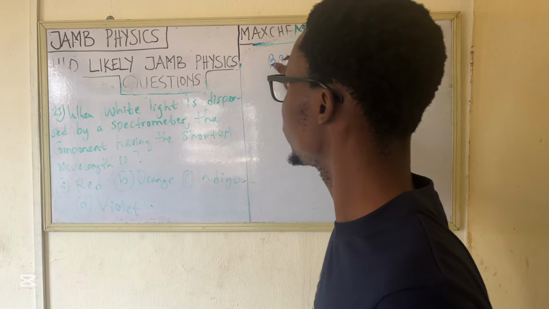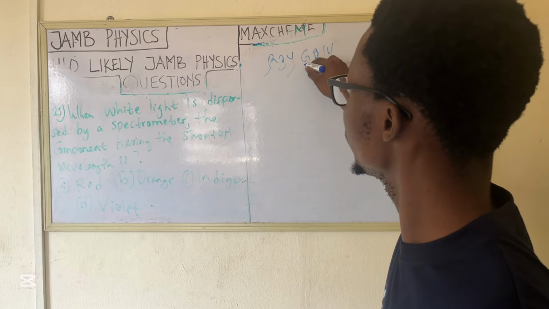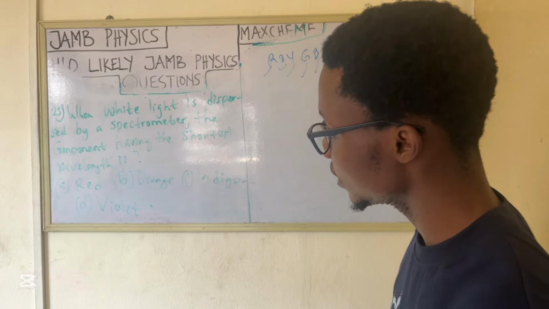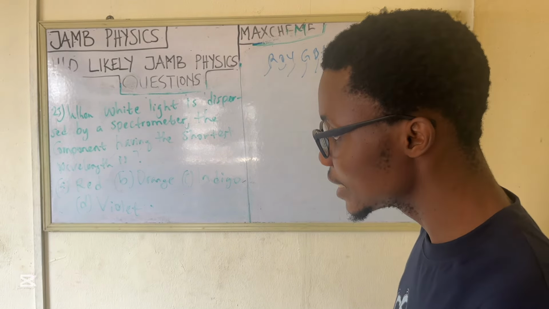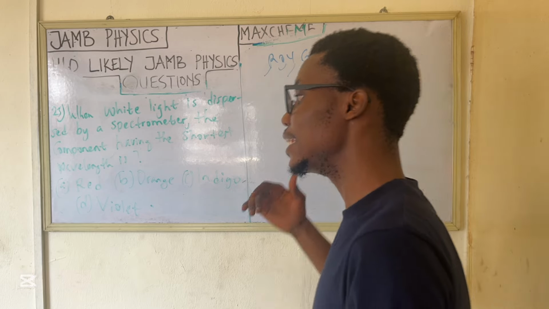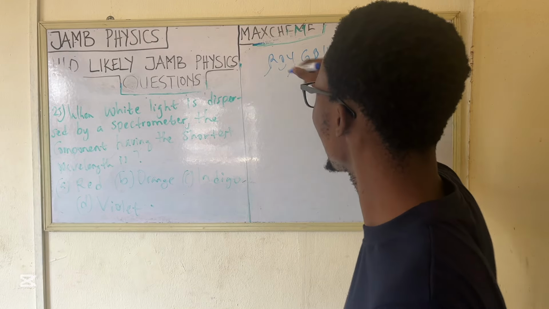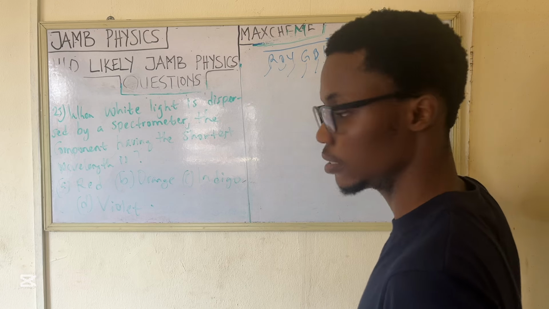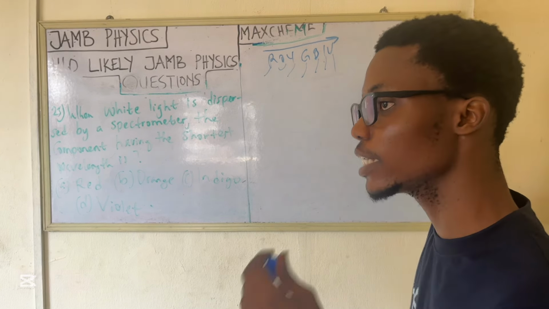R for red, orange, yellow, green, blue, indigo, and violet. Now they are arranged in order of decreasing wavelengths. This order, don't mix it. They gave it as ROYGBIV.